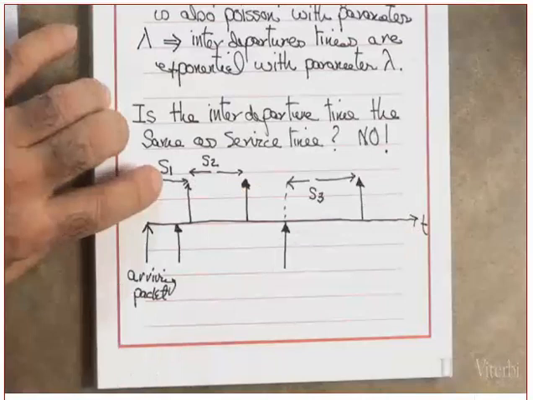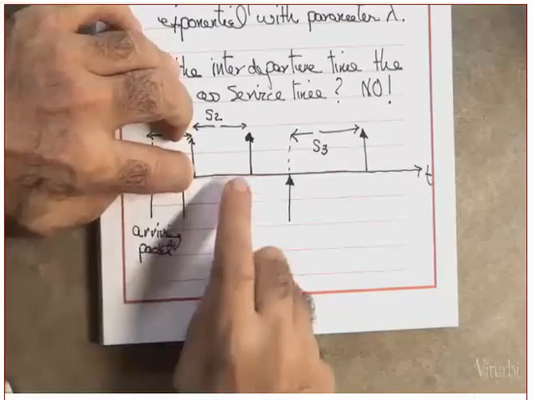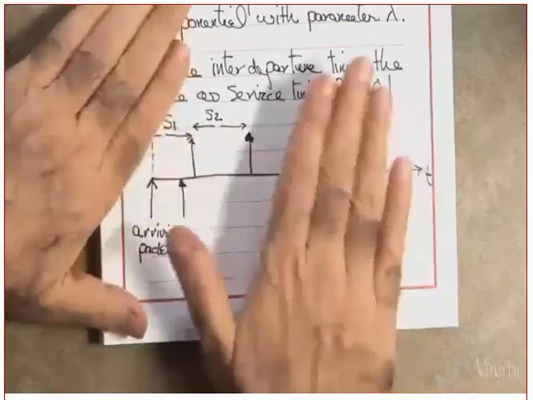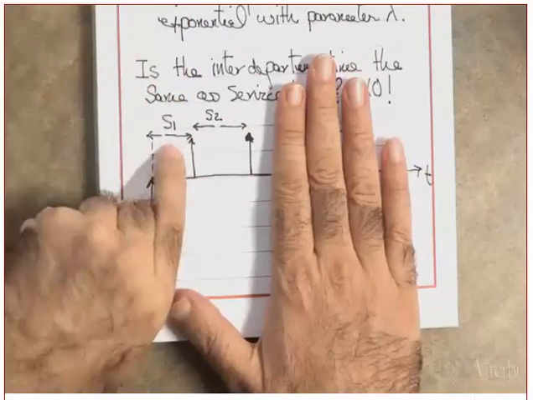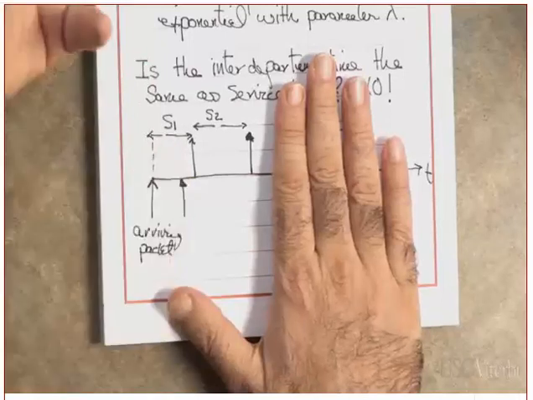Yes or no? Okay. So remember, if the departure times are exponential with parameter lambda, that means the inter-arrival times to Q2 are also what?